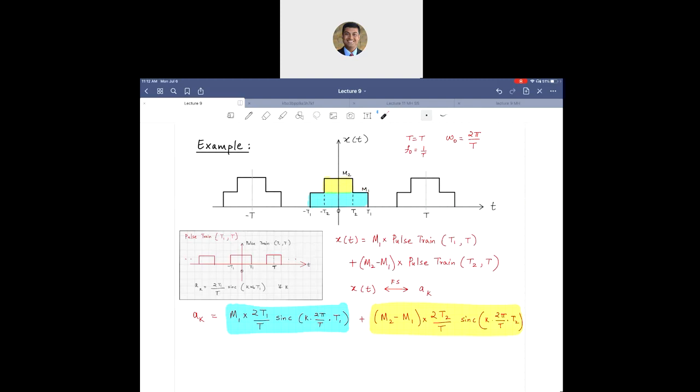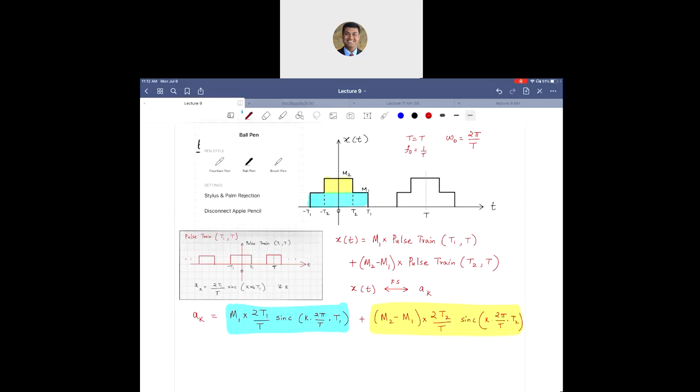So that's not a very good use of your Fourier series definition, the one that involves an integration over the time period while you are projecting that signal onto an orthogonal set of complex exponentials. So what I'm trying to say is, if you know certain reference results, you can take advantage of those reference results along with the properties of Fourier series to solve a lot of these problems.